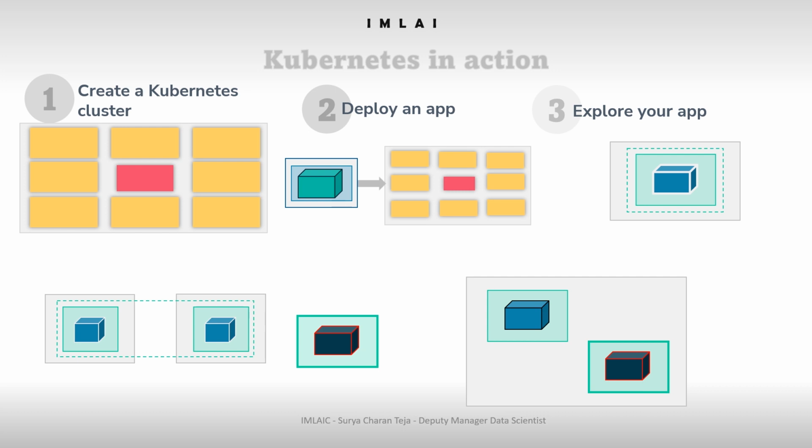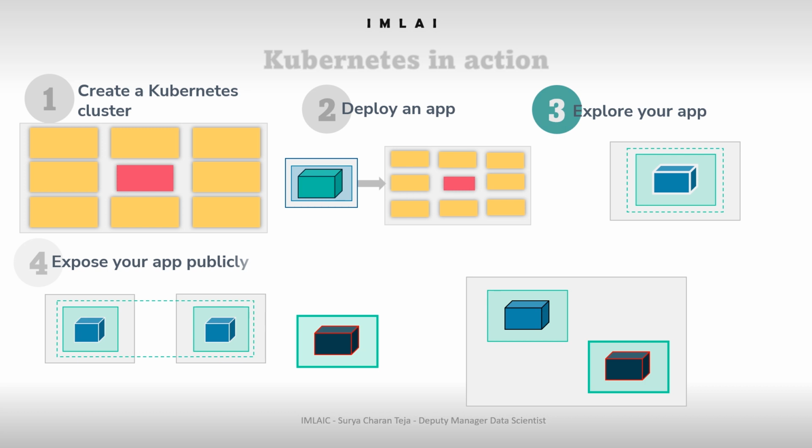Those resources include shared storage as volumes, networking as a unique cluster IP address, and information about how to run each container, such as the container image version or specific ports to use.